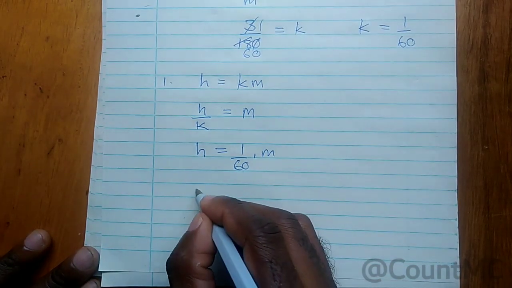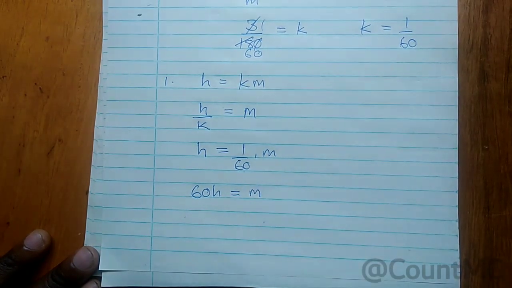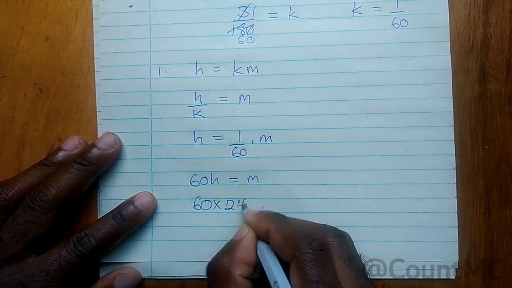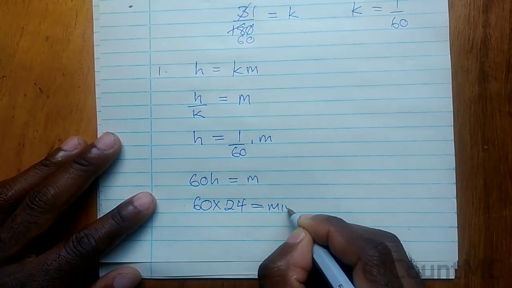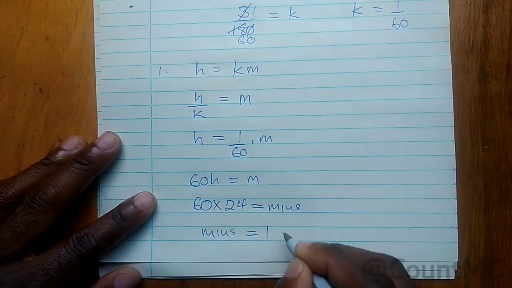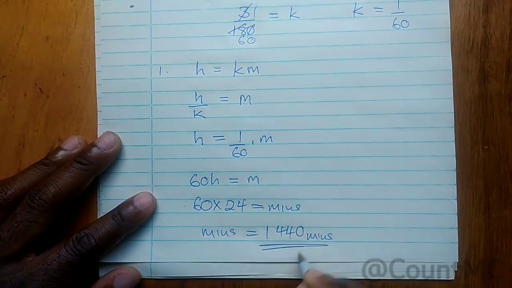Then you have 60H is equals to M. So M is representing minutes. H is 24, so 60 times 24 is equals to the minutes you want. 60 by 24, so we have 1440 minutes.